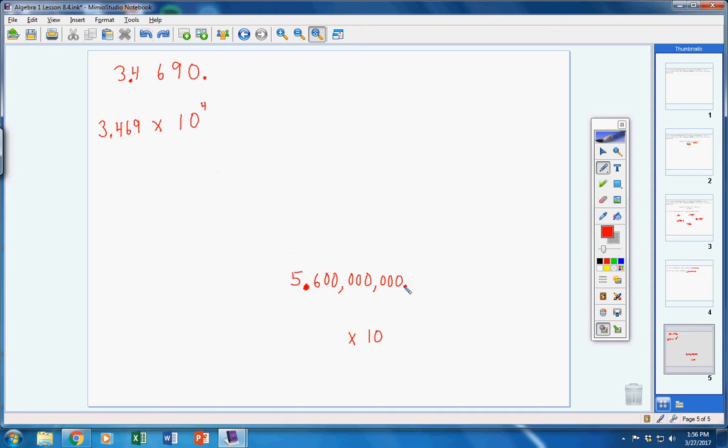We're going to move it. 1, 2, 3. Let me start over. It's pretty sloppy. Move it to here. 1, 2, 3, 4, 5, 6, 7, 8, 9. So we moved it 9 places.